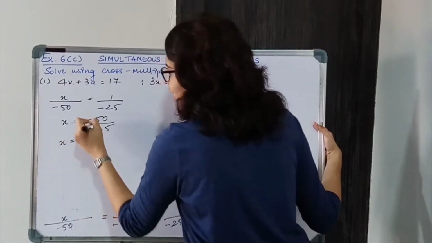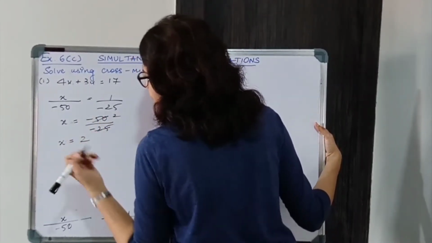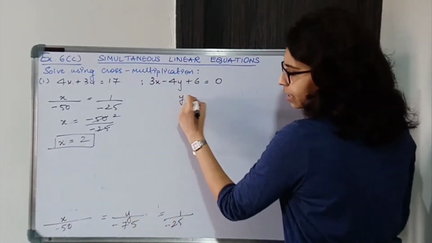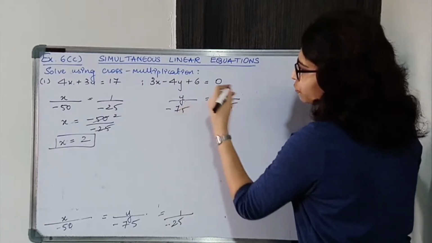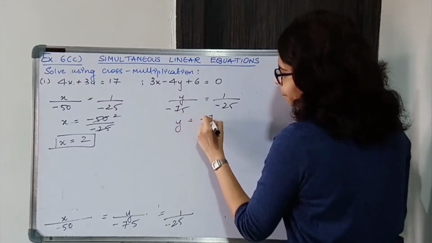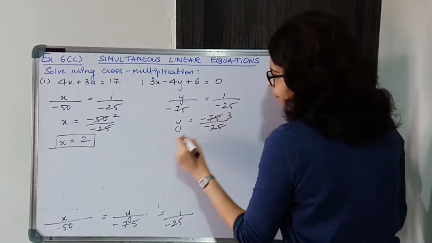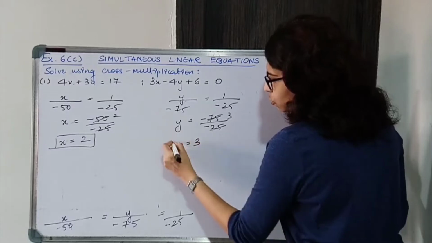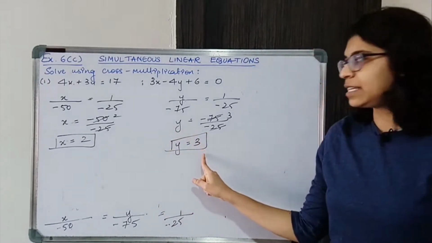Okay, so don't cancel it out, mathematically wrong hota hai. 25 2s are, so we get plus 2, and here y upon minus 75 is equal to 1 upon minus 25. Shifting 75 over here, so 25 threes are, so minus into minus will give plus, so y is equal to 3. So x is equal to 2 and y is equal to 3 is the answer.